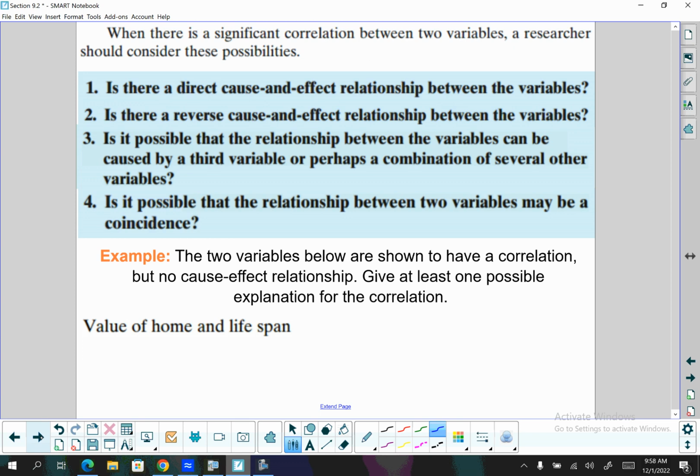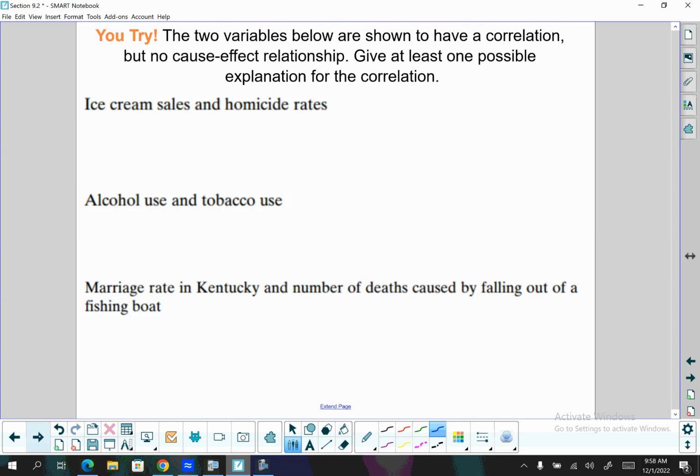What about wealth? Could that change something, right? So if you live in an affluent community, your value of a home is going to increase, and likely that means you can also afford very good health care, and your lifespan would also increase. Okay, good. All right, so you can be creative with these. There's not one right answer. Try these three. See if you can think of a reason. Then we're going to share out what could be the cause-effect variable here.